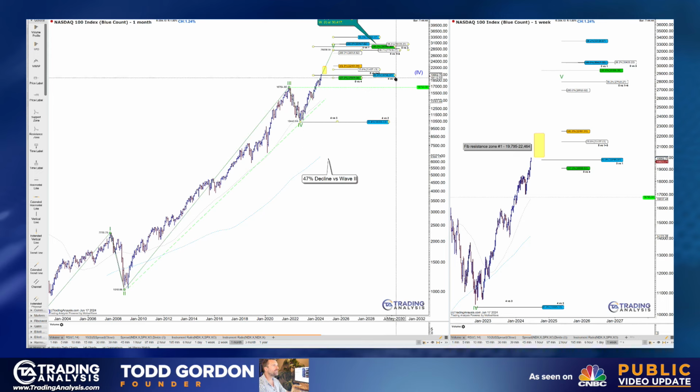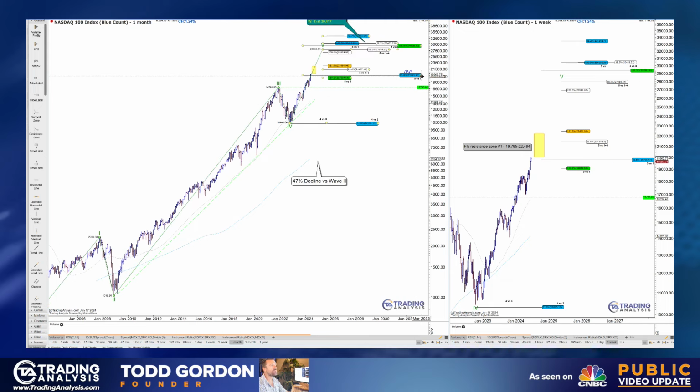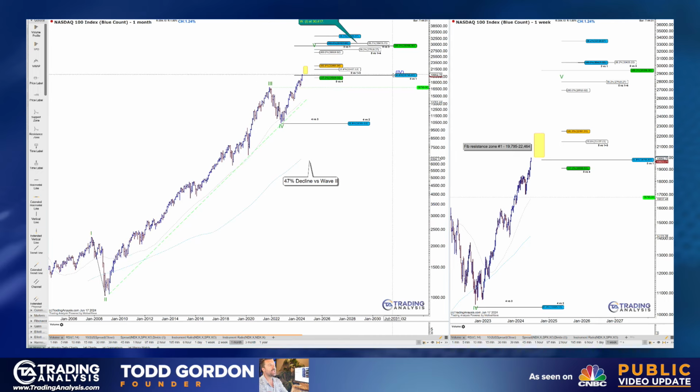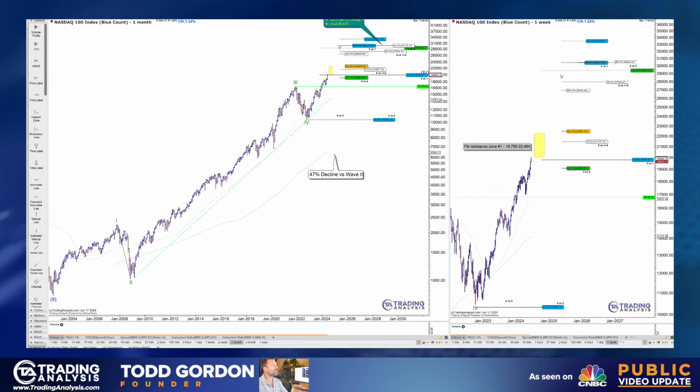Okay. So the first thing, one of the more important fib ratios, and what we're going to do is I'm going to talk you through each one and then build a zone. So if you look at distance traveled in wave 1, which is 2002 to 2007, equality from the 2022 lows is going to be at 2939. Okay, so what that means is this whole wave 1 rally was 181%.